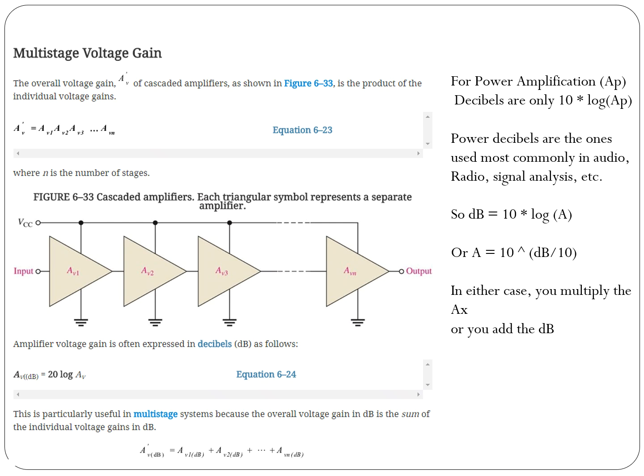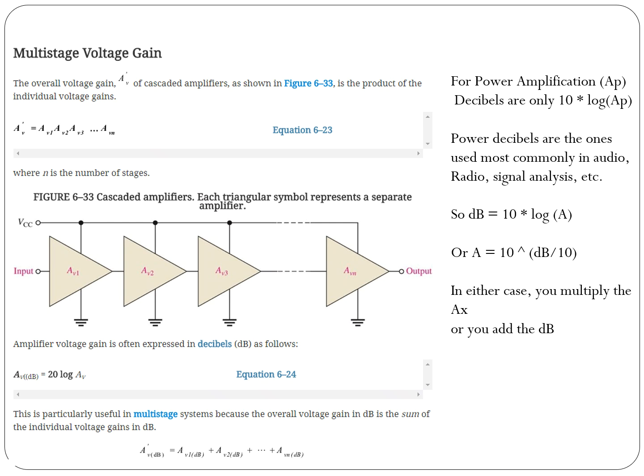For power gain, like in audio systems, we use dB again. So dB is going to be equal to 10 times the log of the power gain in decimal, right? So the number in decibels is equal to 10 times log of the number in decimal. And the inverse, A is going to be equal to 10 raised to the dB divided by 10.